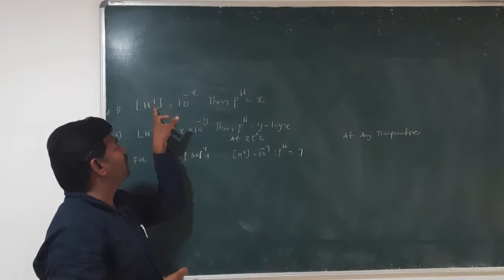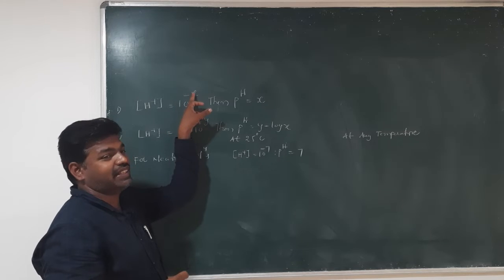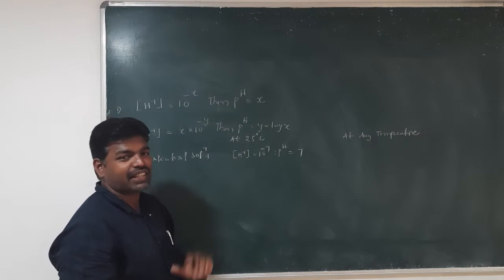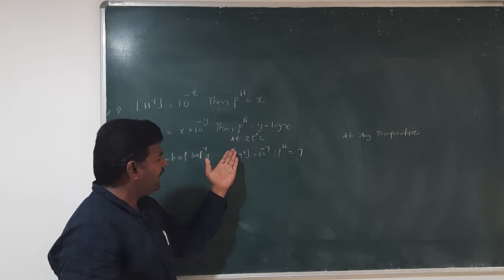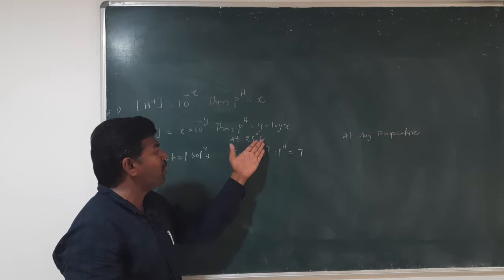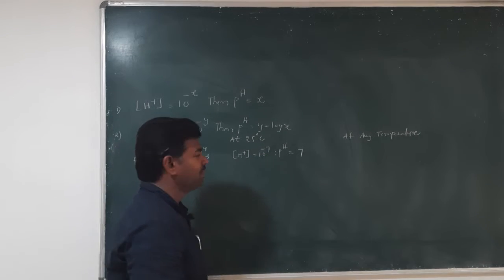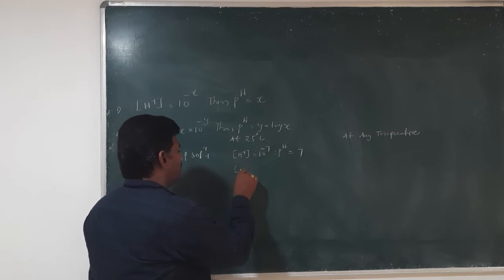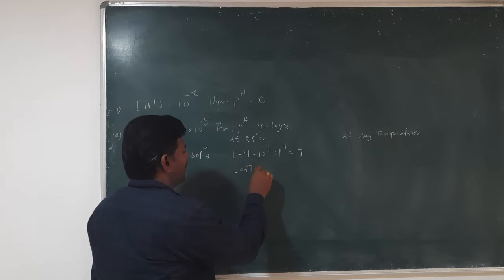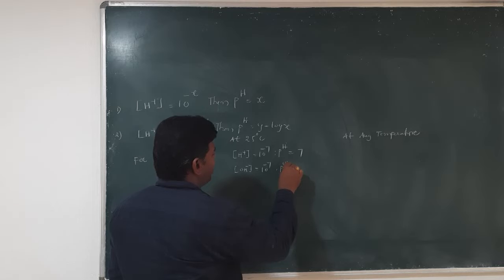Because we know the formula: if the concentration of H plus ions is equal to 10 power minus x, then pH is equal to x. So for neutral solutions, the concentration of H plus ions is 10 power minus 7 and pH is 7, and the concentration of OH minus is 10 power minus 7 and pOH is 7.